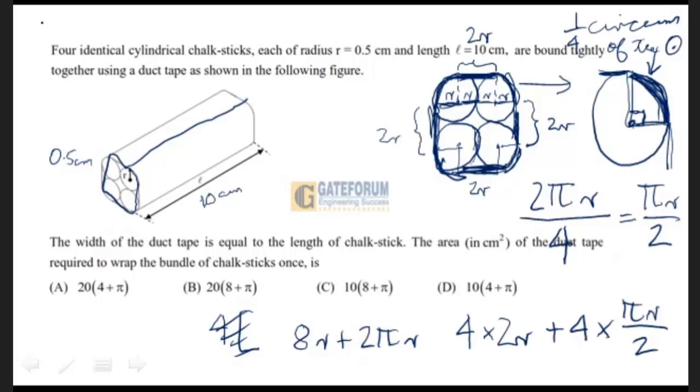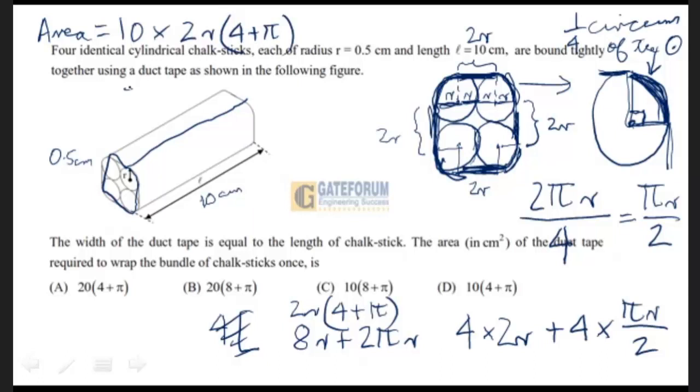So the area would be 10 into 8 pi, and you could have taken 2r common, and that would be 4 plus pi. So you could say 10 into 2r into (4 plus pi), which is equal to 20r(4 plus pi).